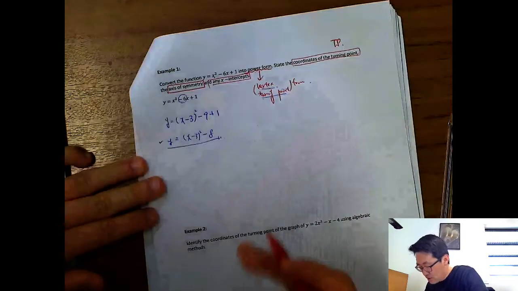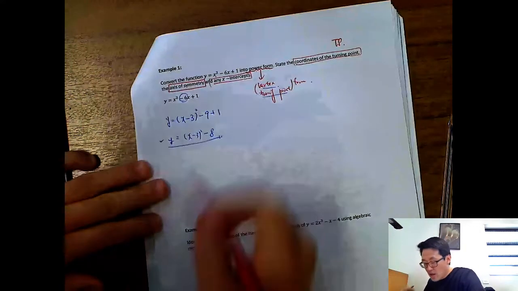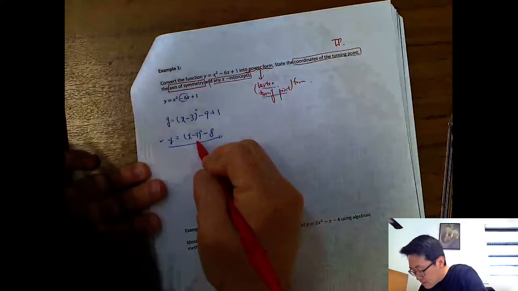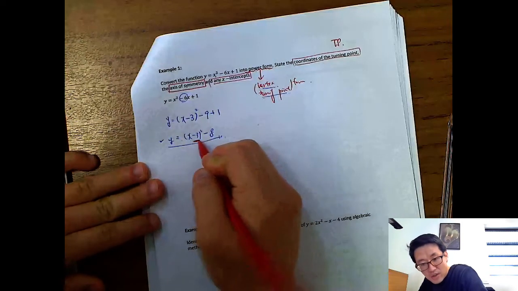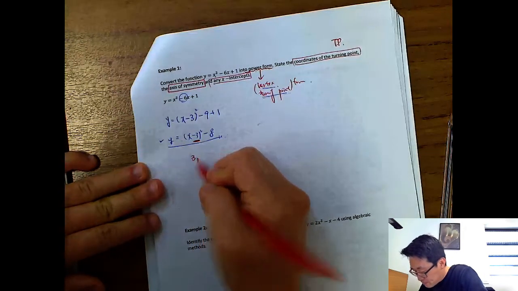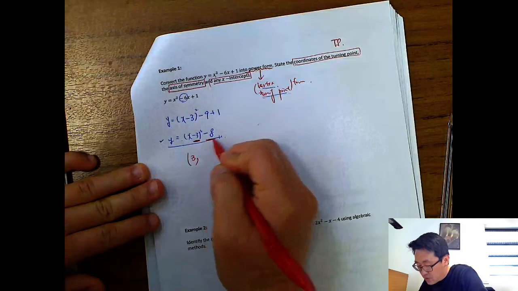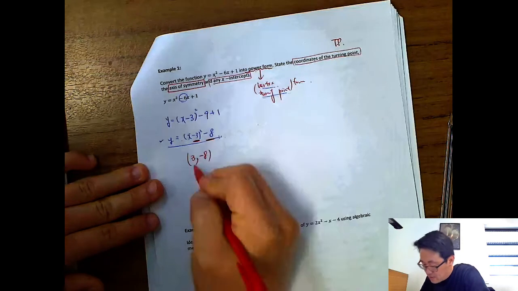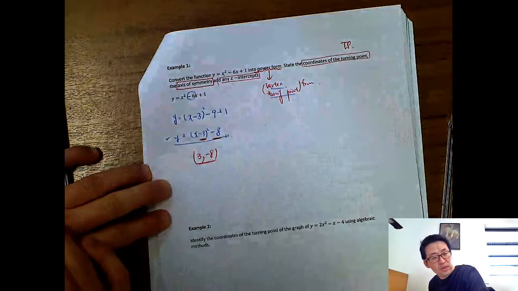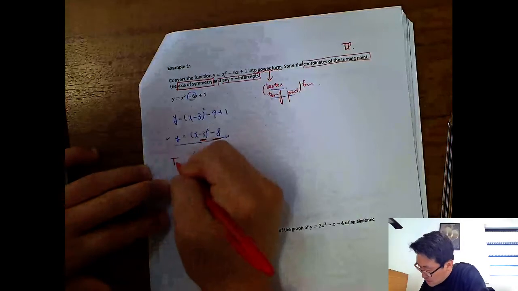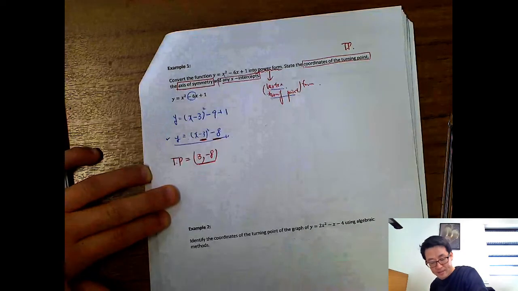A is 1, easy, okay? Positive, so we'll have something like that. And how much is it translated? Horizontally, 3. Vertically, -8. That's how much they move from the 0, 0 origin. So the turning point is going to be 3 and -8.